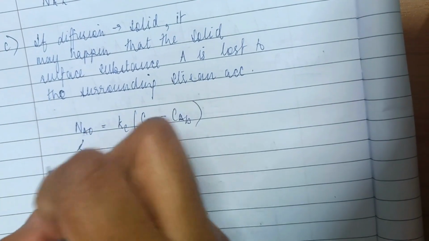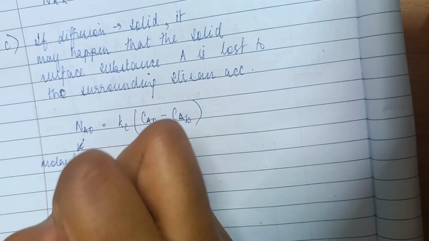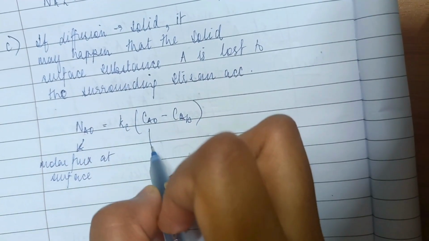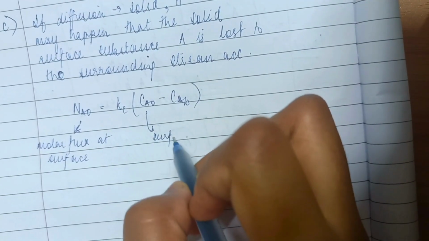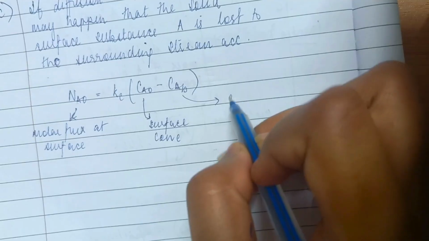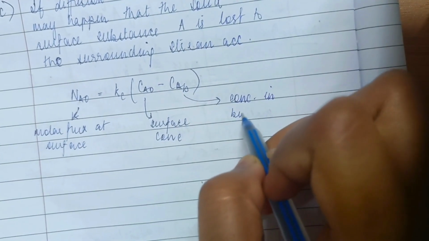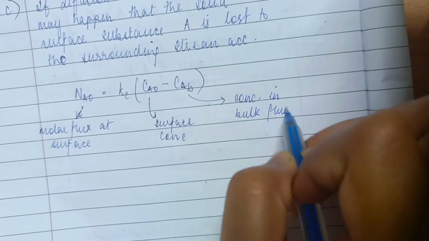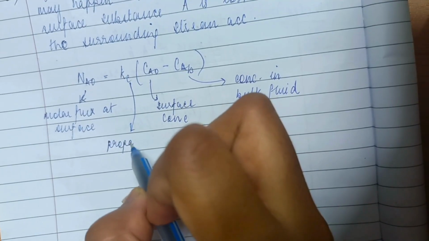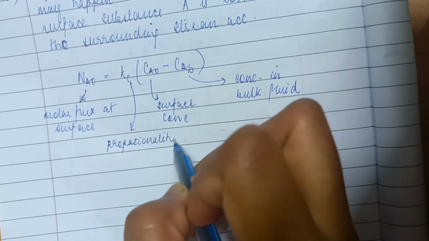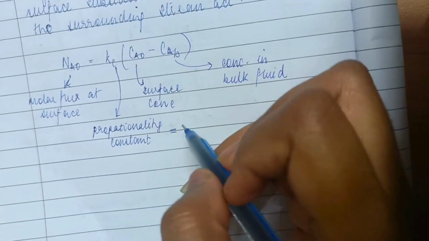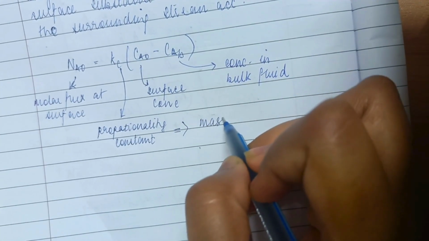Here Na0 is the molar flux at surface, Ca0 is the surface concentration, Cab is the concentration in bulk fluid, and Kc is the proportionality constant, also called the mass transfer coefficient.